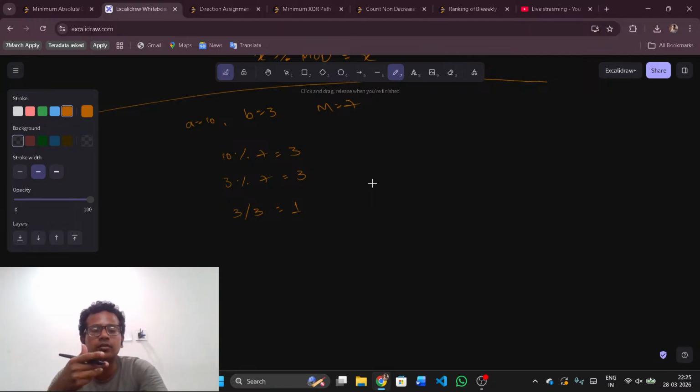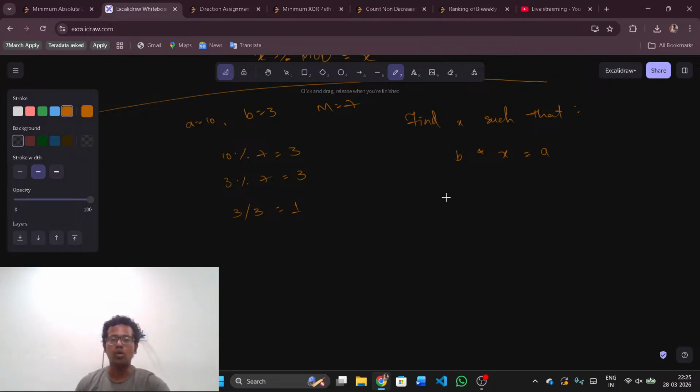Now the reason we are doing this is to find an element x, using inverse mod, such that b into x is equal to a.